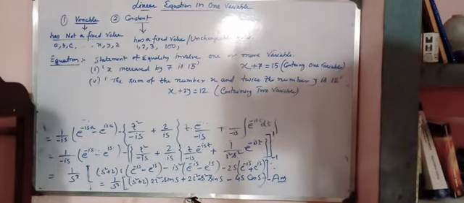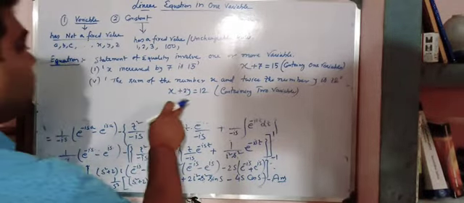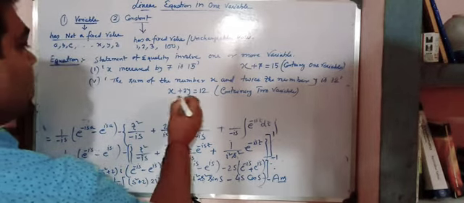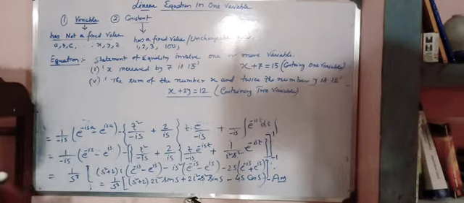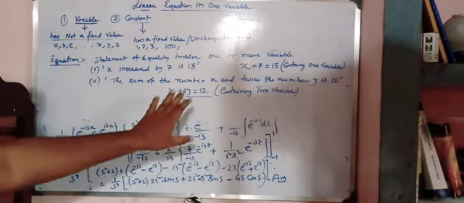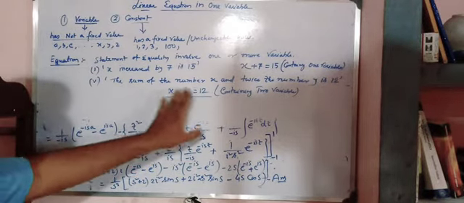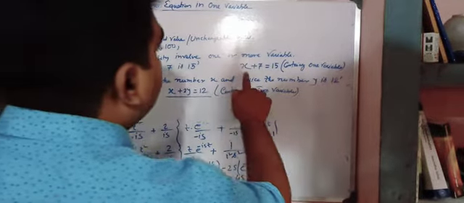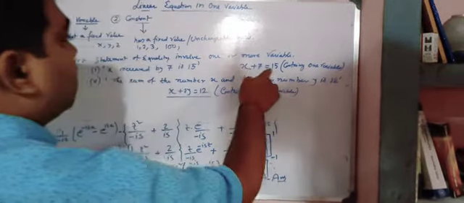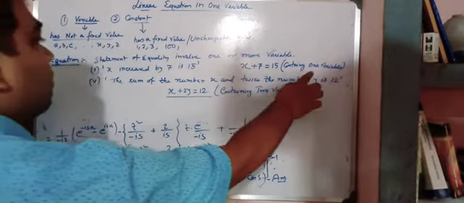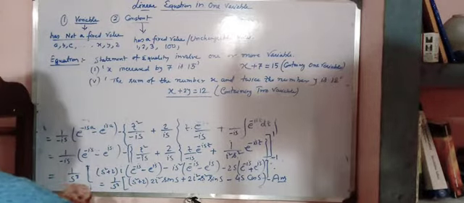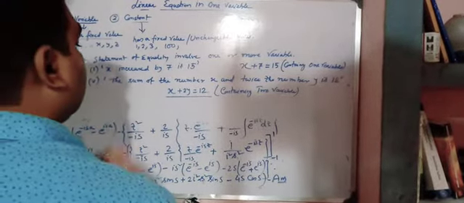In our syllabus, this equation is not included. I have written it only to understand how we can write a statement as an equation. In our syllabus we have this type of linear equation, x plus 7 is equal to 15, a linear equation containing one variable. So we should do math related to that type of linear equation. Understood?